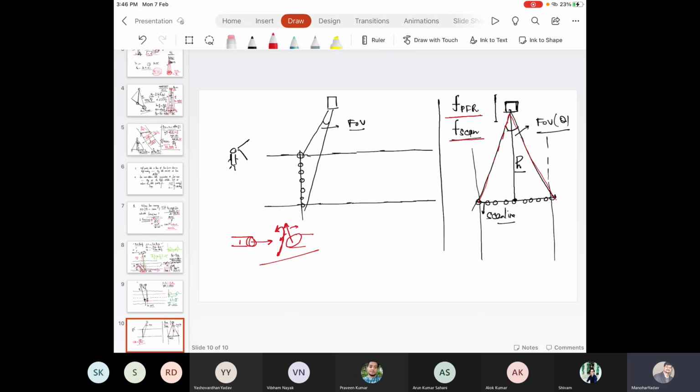So this is the laser source, and this is the optics. The F PFR is related to the laser source, while the scan frequency is related to the optics.